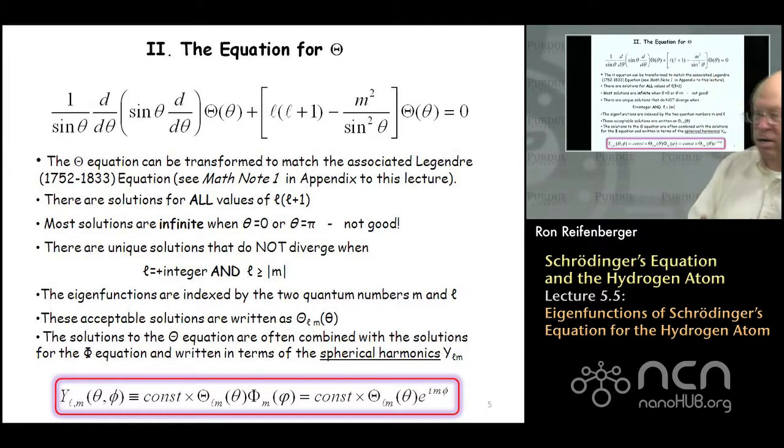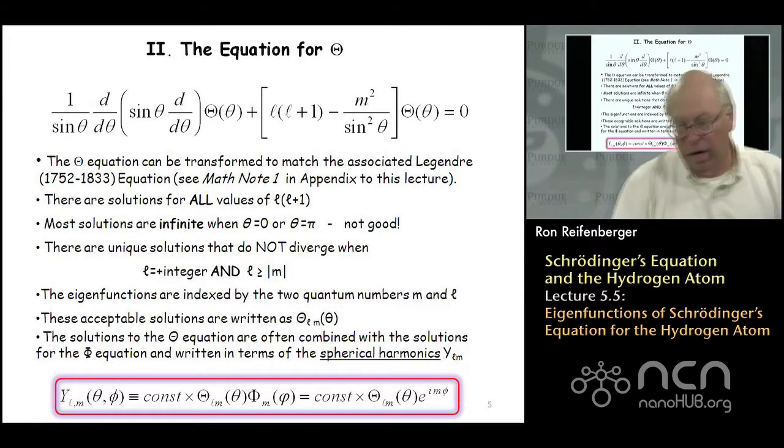And so then there's another issue about solutions that do not diverge. What are the conditions on this differential equation to produce solutions that do not diverge? And the answer to that question turns out to be that if L is equal to a positive integer, and if the value of L is greater than or equal to the magnitude of this quantum number m, then you've got solutions that are finite everywhere, and those solutions are physically relevant.